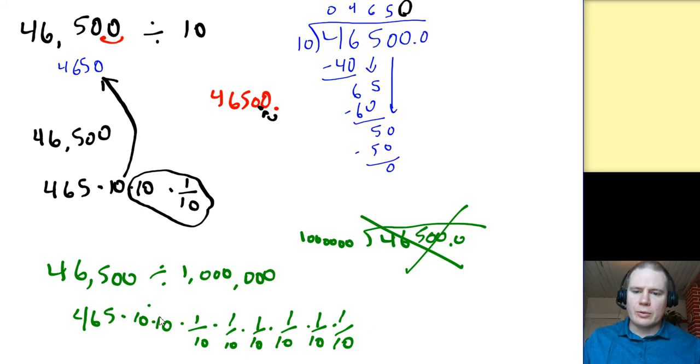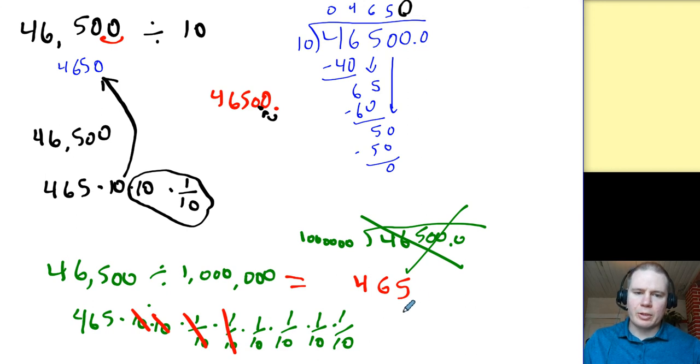10 tenths is a whole. So I still have 465. But I have to divide by 10 four times.